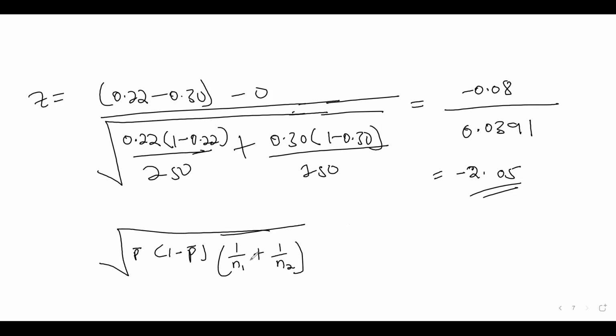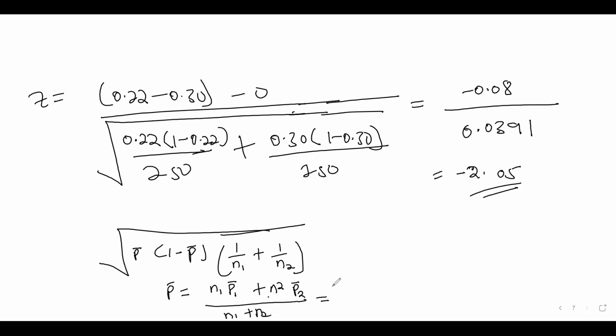And remember, the pooled proportion itself is equal to N1 times proportion 1 plus N2 times proportion 2, all over N1 plus N2, okay?